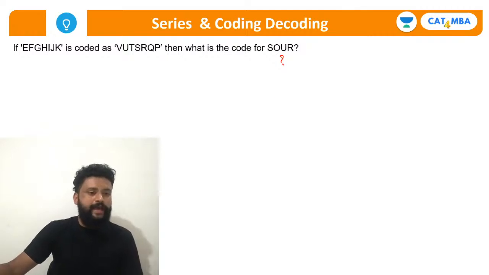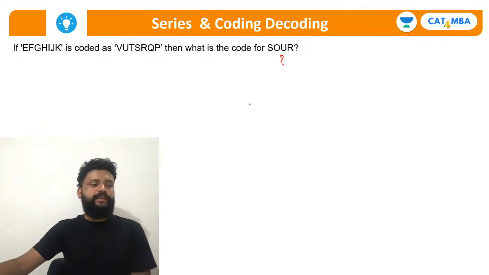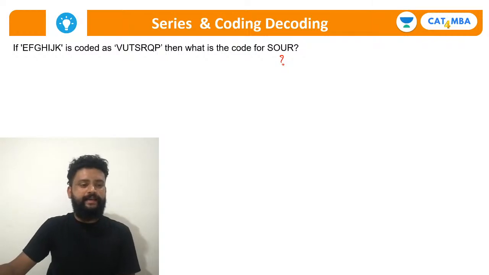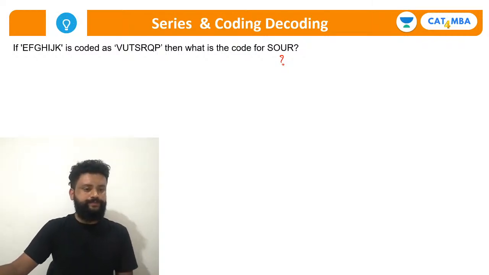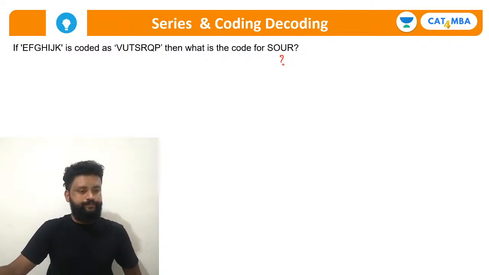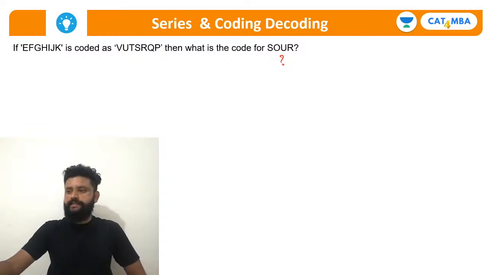So E F G H I is coded as V U T S R. We can call this reverse coding. Reverse code.